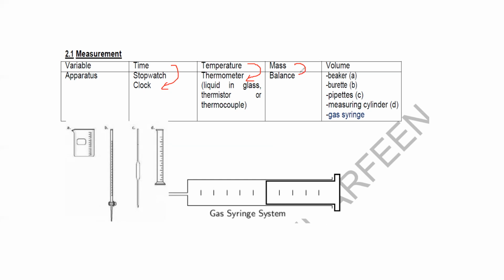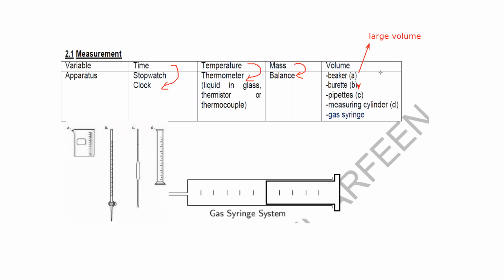To measure the mass, we use a balance, and to measure a volume, we can use a beaker, a burette, pipette, measuring cylinder, and a gas syringe. If you want to measure an approximately large volume, we normally use a beaker, but not exactly.